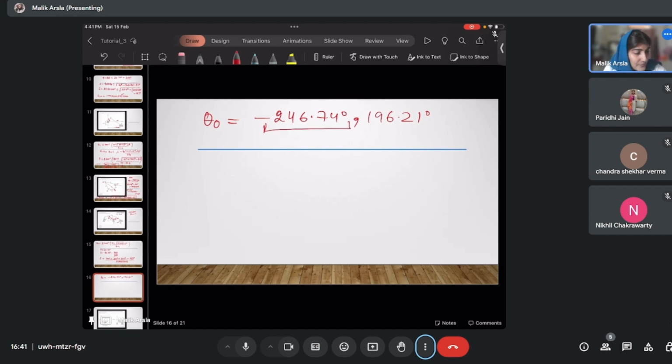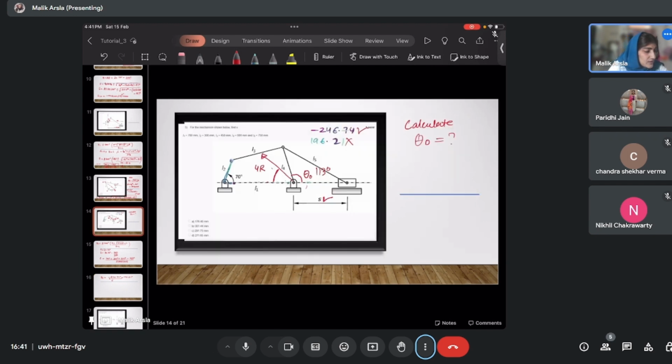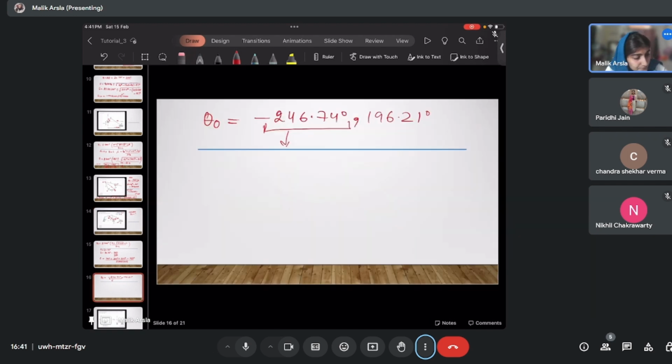Now you have to put this angle in finding the S for the 3R1P chain. This you can simply do by the help of a formula which you know, or otherwise you can simply use the cosine rule. Okay, so see, this is your L4. Now this theta naught you have calculated. This is L5, right? And E in this case is 0. So this is S, right?